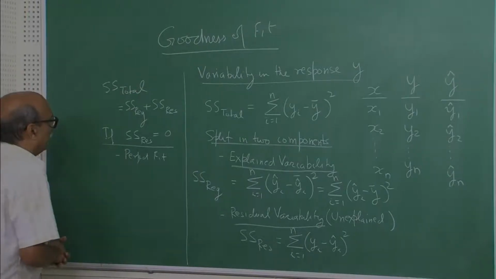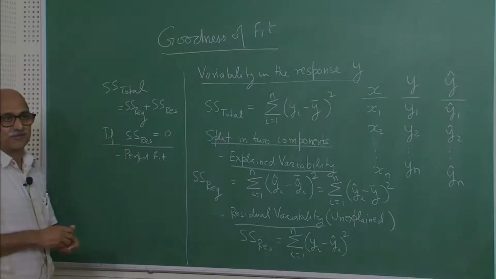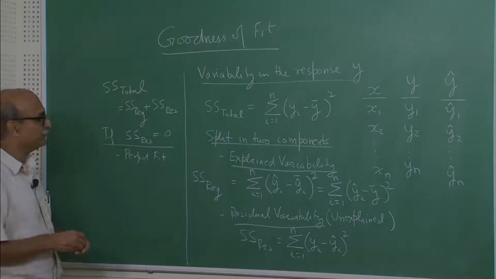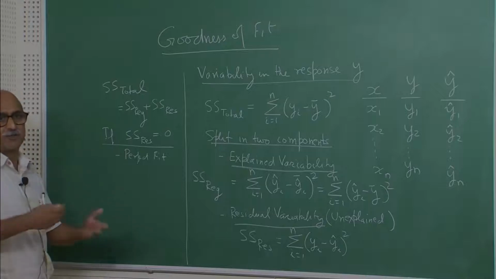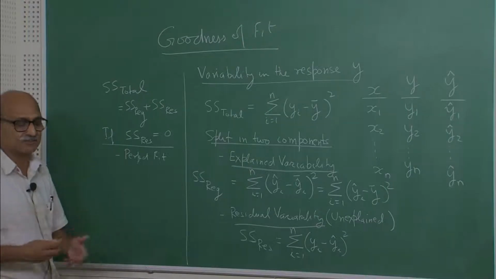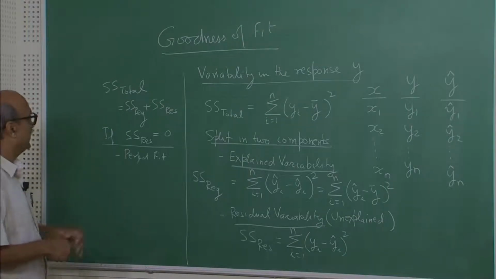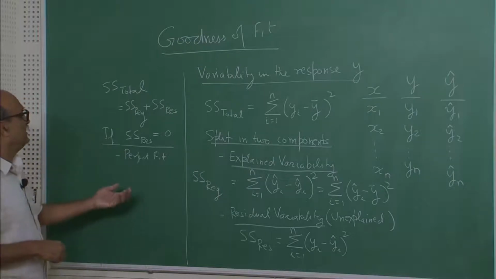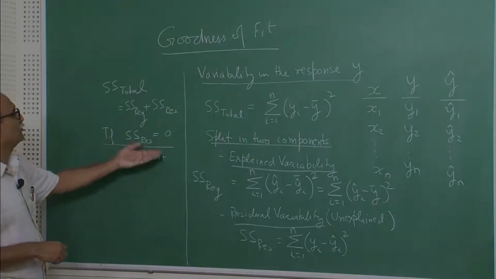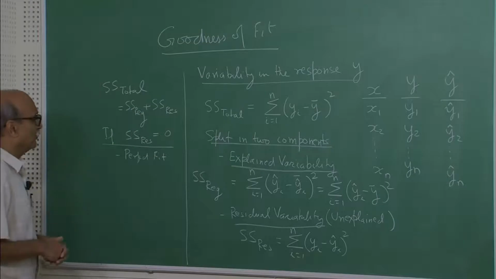However, this would never really happen, because in all our measurements we always have statistical errors, and hence there will always be some finite non-zero variability for the SS residual.